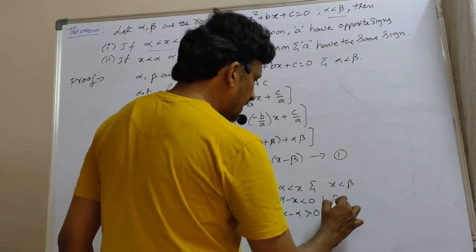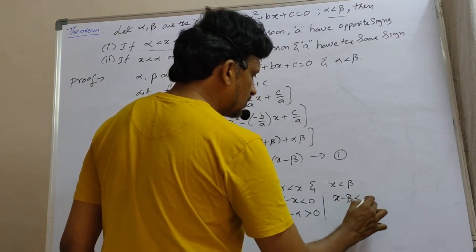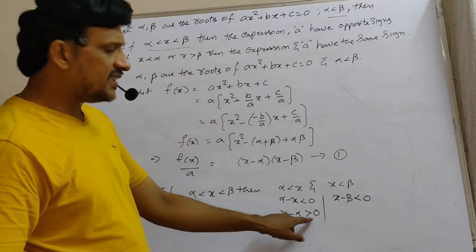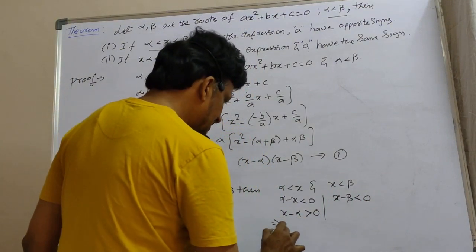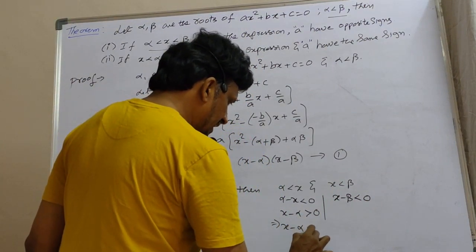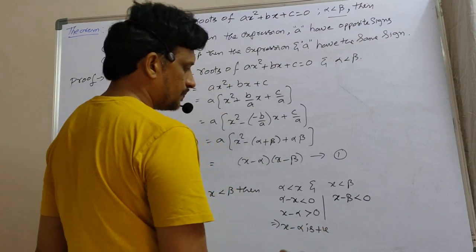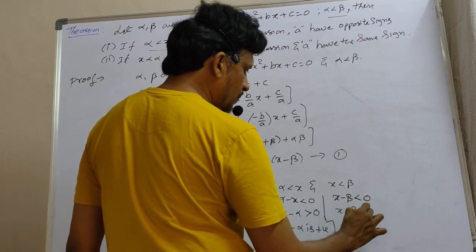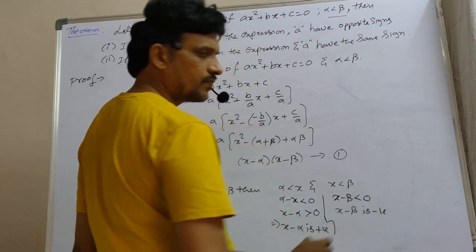And now here, x minus beta is less than 0. So x minus alpha is greater than 0, which means x minus alpha is positive. And what about the other one? x minus beta is less than 0, which means it is negative.